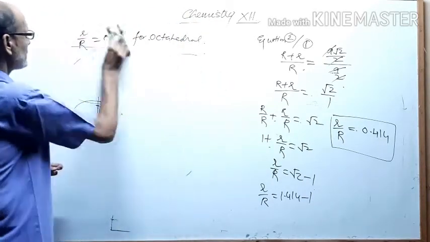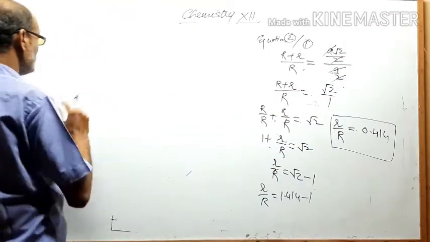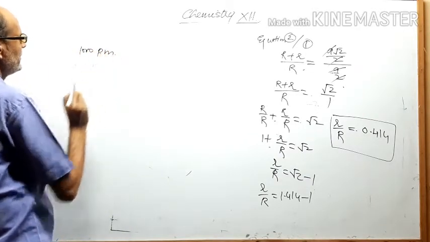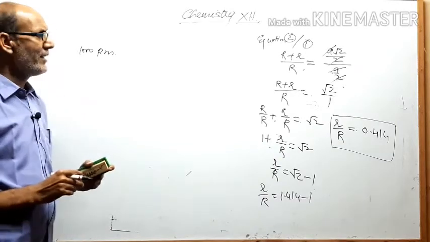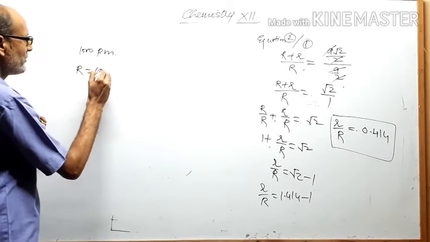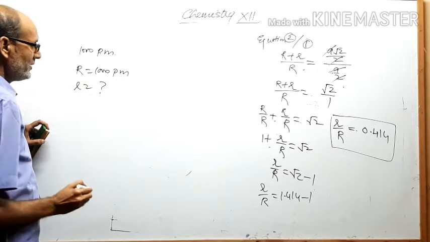I am writing one question to solve. If the radius of the atom is 1000 picometer, what will be the radius of the octahedral void? So capital R is equal to 1000 picometer, small r you have to find.